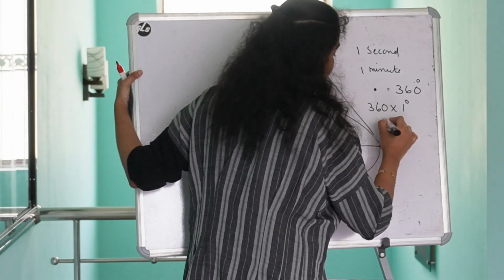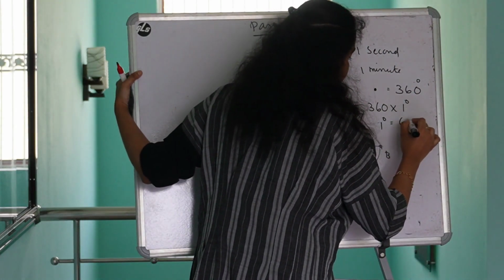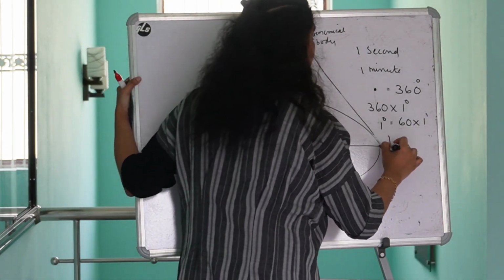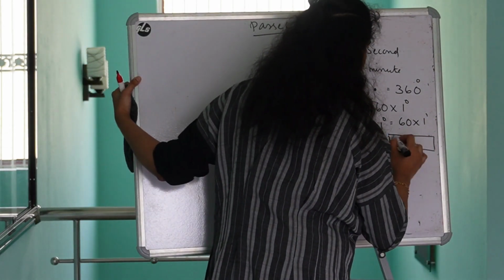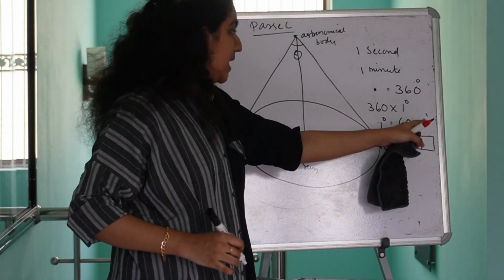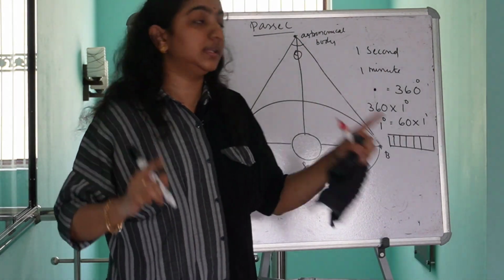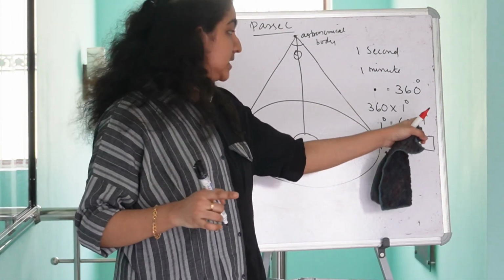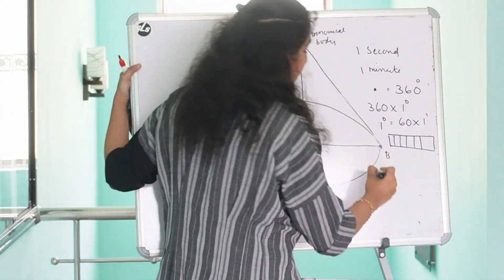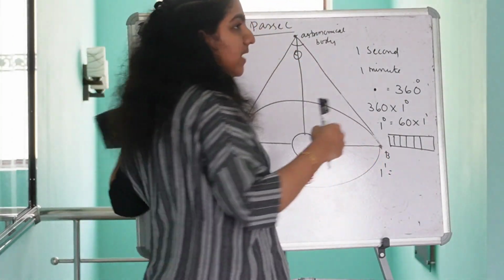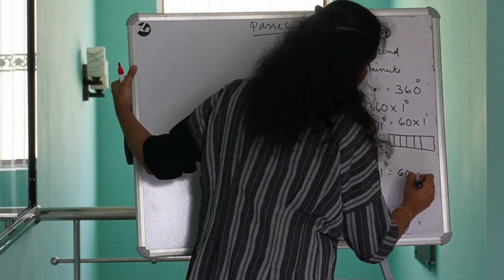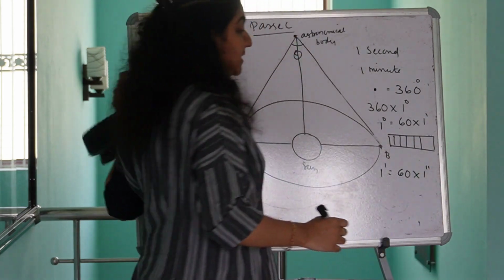That is, 1 degree is equal to 60 minutes. I can divide this whole 1 degree into 60 equal parts, and the measurement of each part is equal to 1 minute. Again, I can divide this 1 minute into 60 equal parts, each a 1 second part.